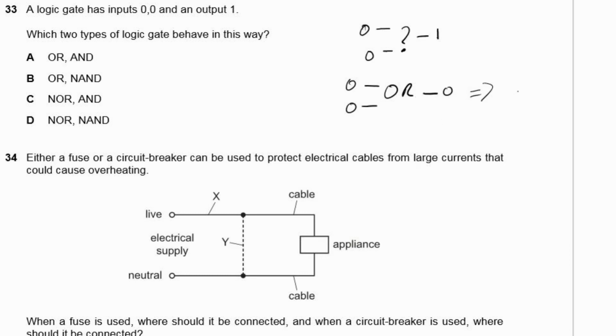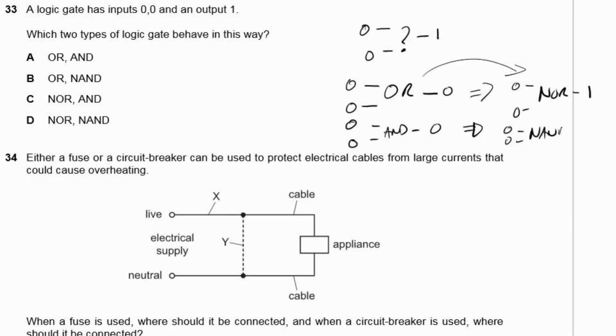So that means that a NOR gate would take a 0 and 0 and return a 1 because it's the opposite of an OR gate. Now, an AND gate would take a 0, 0 and return a 0, which means a NAND gate would take a 0, 0 and return a 1. So a NOR and a NAND would do the job, which is option D.